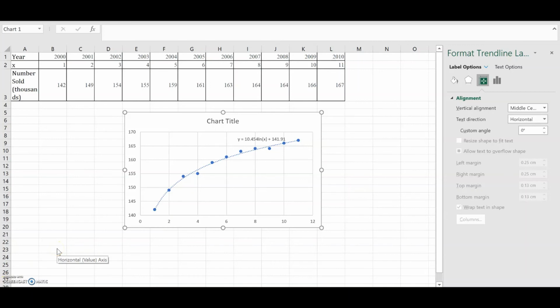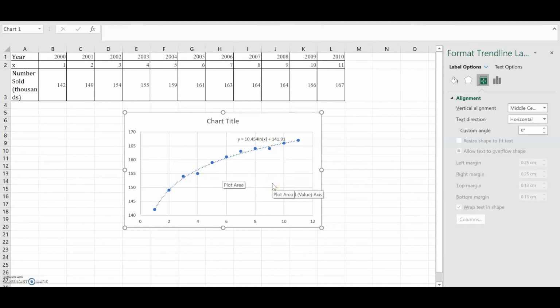Depending on what we're interested in learning and doing, we may just use a quick graph like this to come up with the scatter plot, describe the trend, and add a trend line to gain its equation.